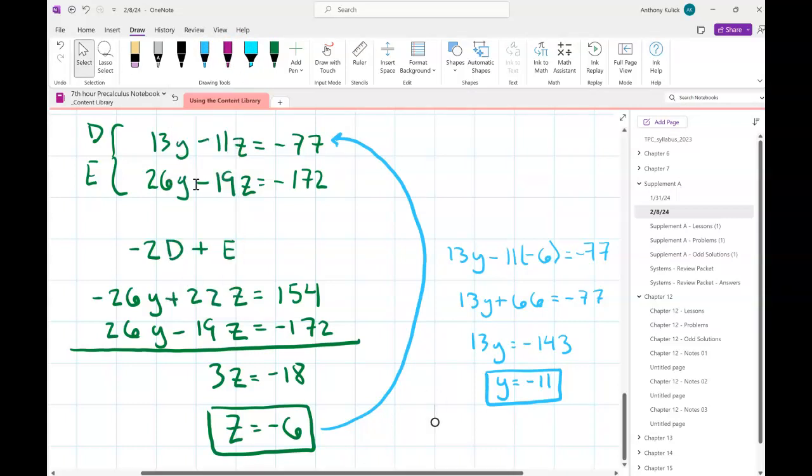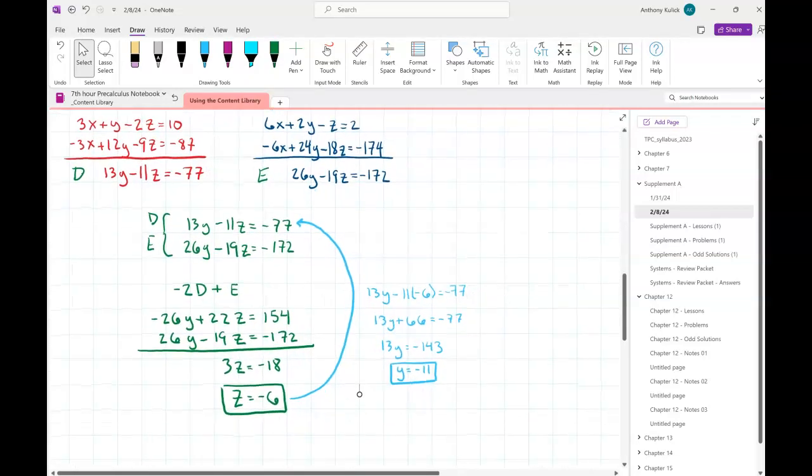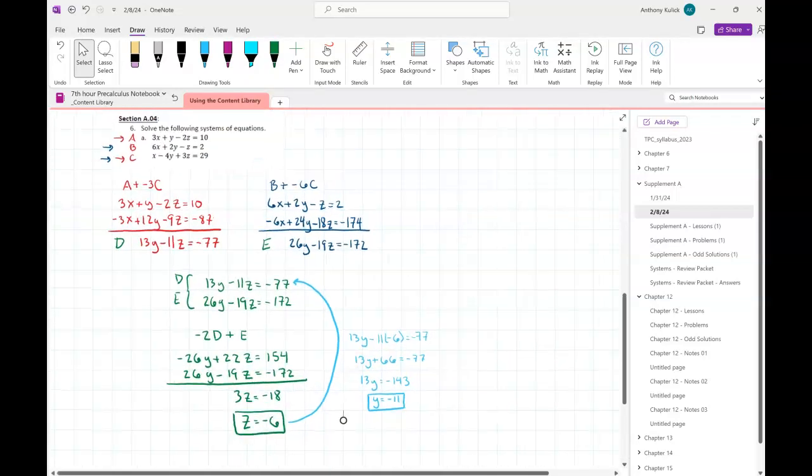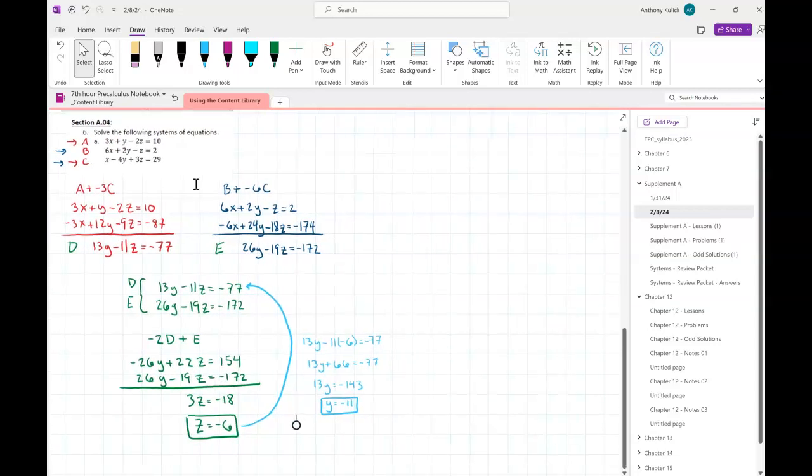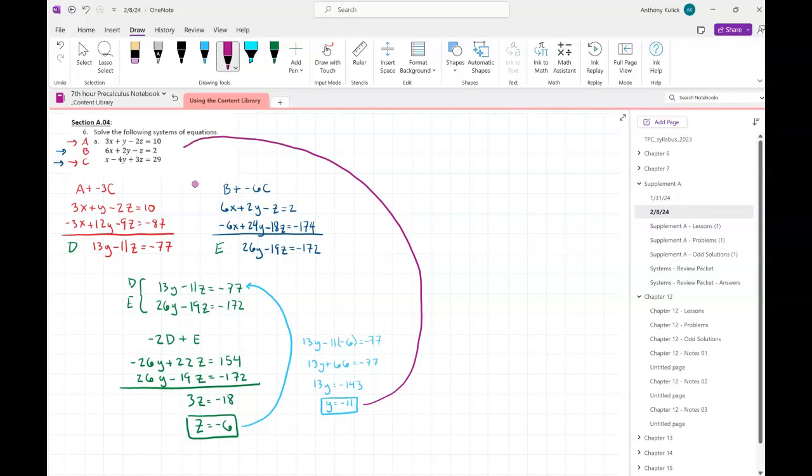Is everybody okay there? And now how do I get my final piece, my x? I'm going to plug both of those back into any three-variable equation. For the sake of argument, I'm going to use that first, or equation 3.